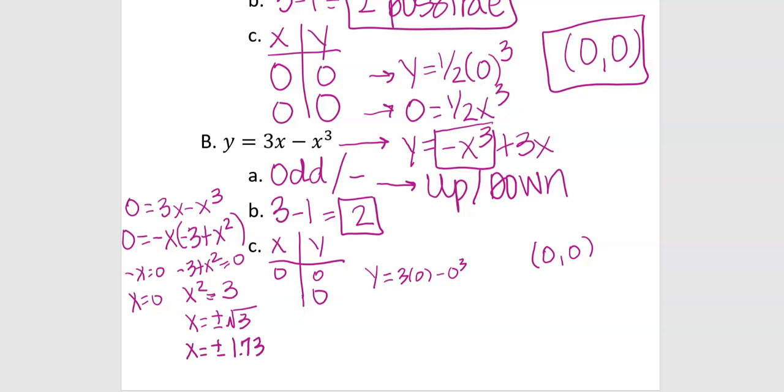Okay, so there is a number at negative 1.73 on the x-axis. There's a point at positive 1.73 on the x-axis, and it also crosses at 0, 0. Okay? So here, I'm going to go with those.